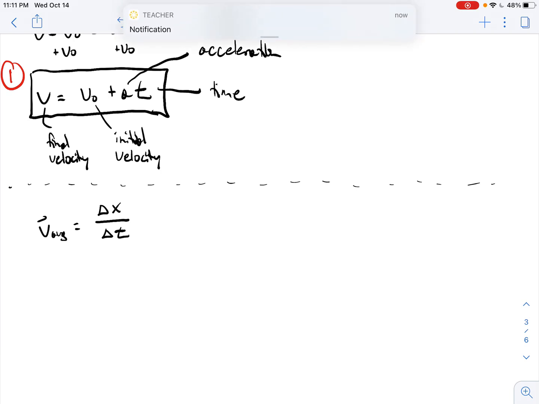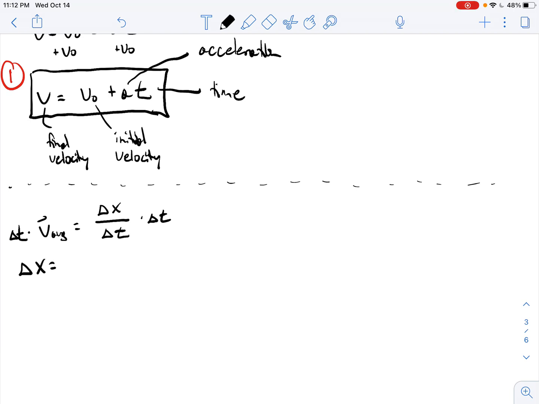And what we're going to do here is, instead of writing in terms of average velocity, manipulate this so we have change in x is equal to something. So we're going to multiply both sides by delta t here, and we have change in x is equal to our average velocity times our change in time, or delta t.